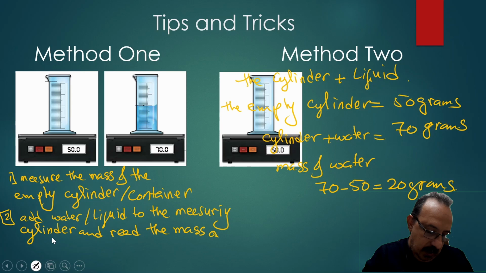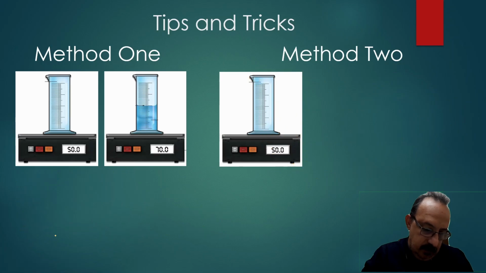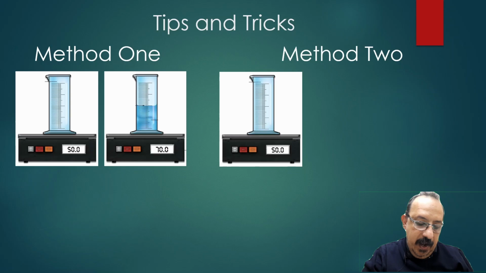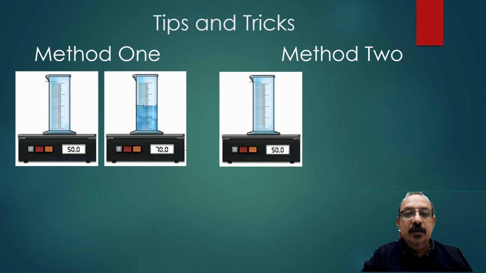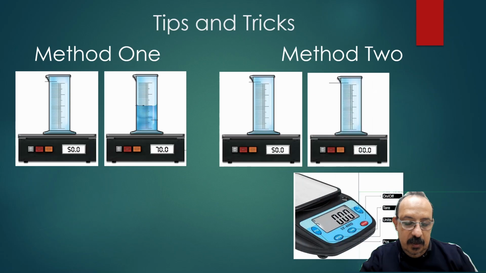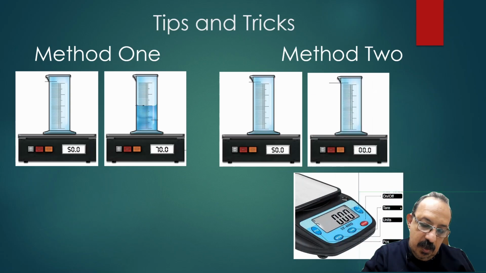So the other method is just a variation of this method. Again, we set the empty cylinder on the scale, but we don't take a measurement. There is a button on the scale or the digital balance. It is called tare.